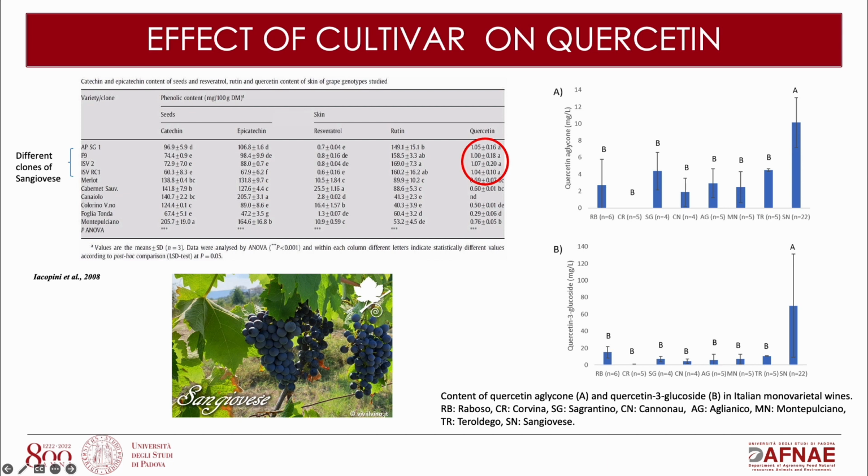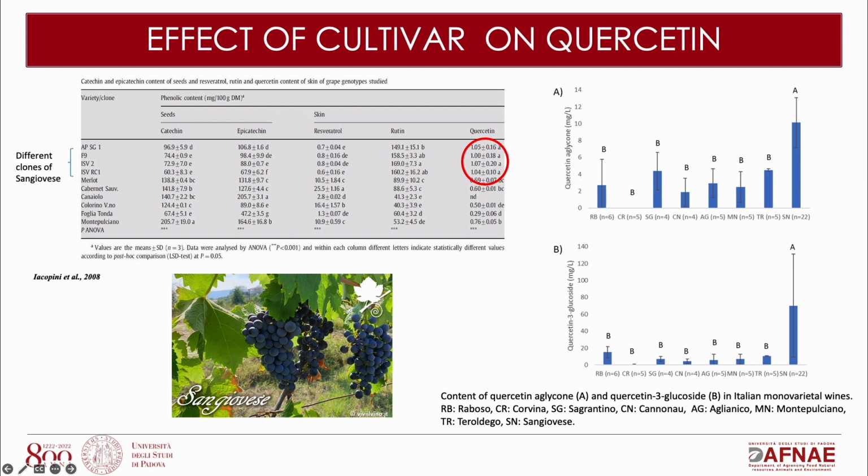And we know that during winemaking, quercetin undergoes transformation, so the wine does not have exactly the same composition as the grapes. But we can assume that if we have a high quercetin content in the grapes, it is also high in the wine.